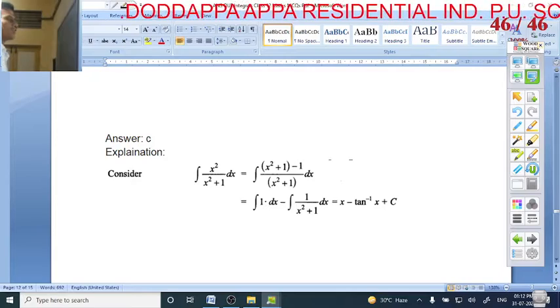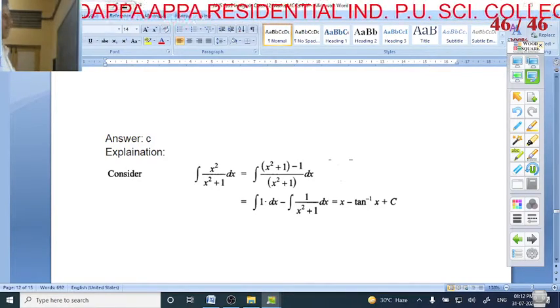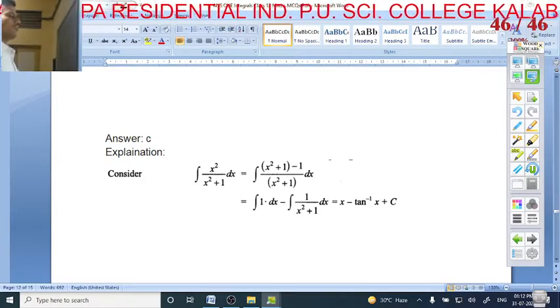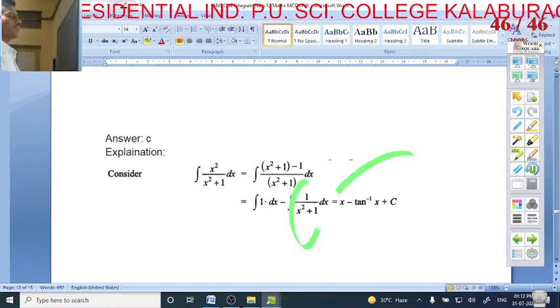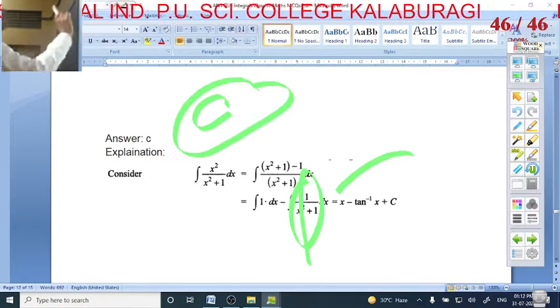After that, x square plus 1 divided by x square plus 1 cancels, leaving 1 minus 1 divided by x square plus 1. Integration of dx is x. Integration of 1 divided by 1 plus x square is tan inverse of x. Hence the option is correct.